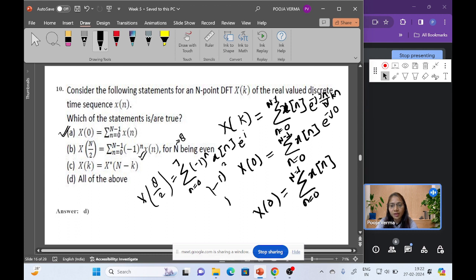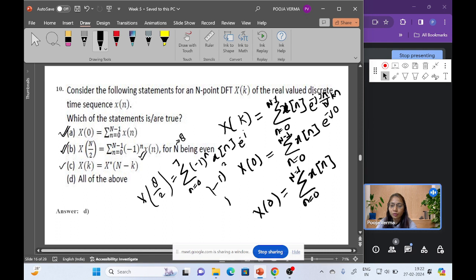This will become X of N by 2 is equal to the sum over n equals 0 to N minus 1 of minus 1 to the power n x of n. N can be any sequence. So this one also holds true.